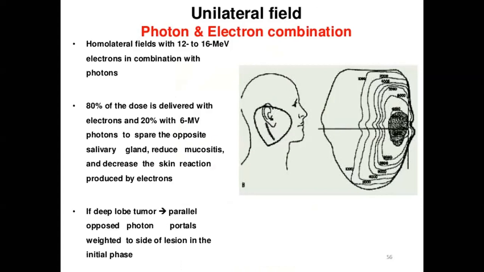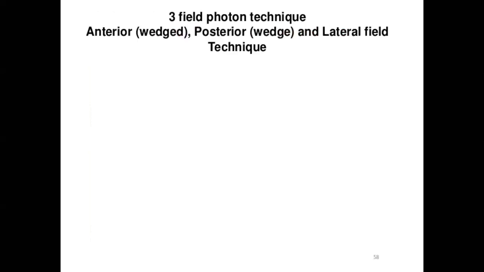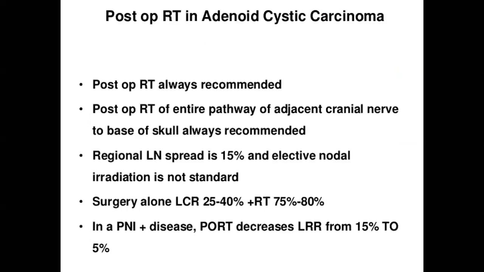This reduces the leukocyte effect and decreases the skin reaction. If the deep lobe is involved, use an opposed photon portal with wedges, or a three-field photon technique: anterior wedge, posterior wedge, and lateral field.